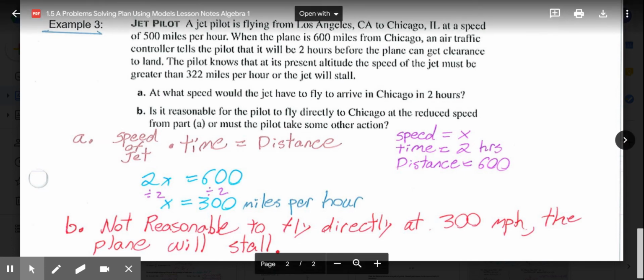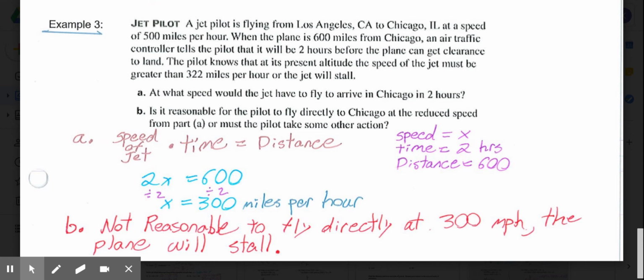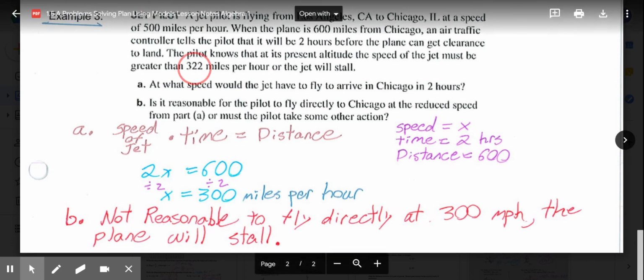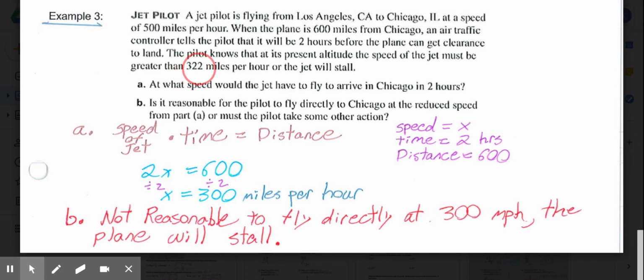Part B then is saying, is it reasonable for the pilot to fly directly to Chicago at the reduced speed from part A, or must he take some sort of other action? Well, this last line told us if we're going less than 322 miles per hour, we're going to stall. Right now, our scenario told us in that 2-hour frame, we would be going 300 miles per hour.